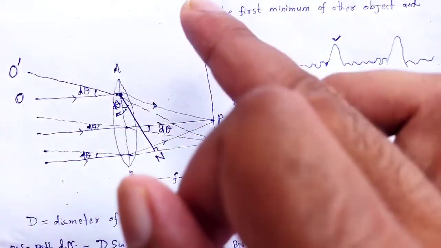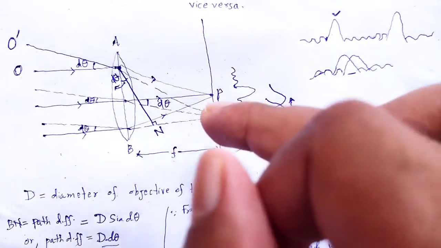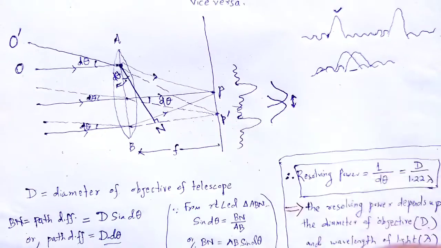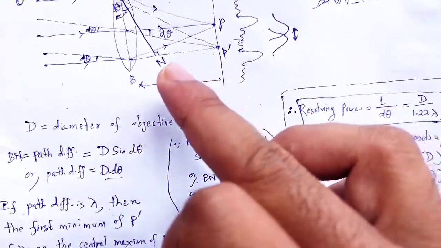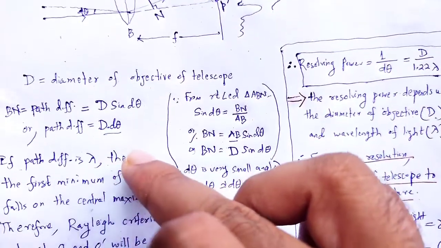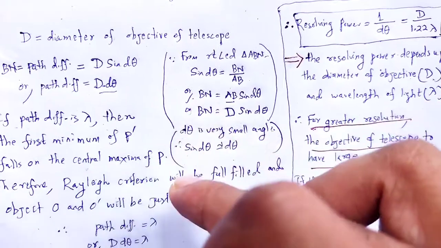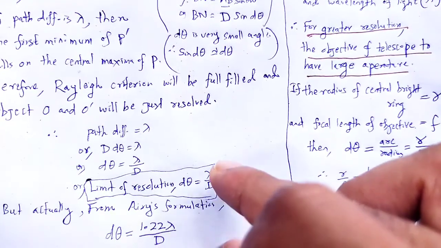Due to that, Fraunhofer type of diffraction is observed on the screen. The screen is placed at the focal plane of the objective. Next, we calculate the path difference between these two. According to the condition for first minimum, the path difference is equal to lambda, so that satisfies Rayleigh's criterion. Therefore, the limit of resolution is calculated.